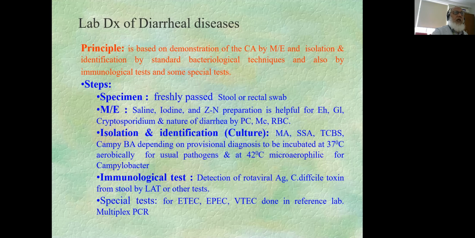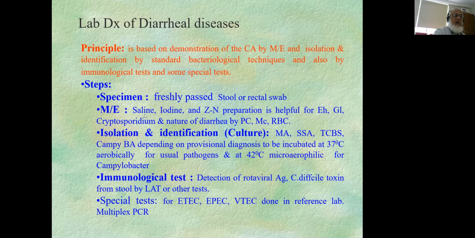There are some other exceptions also, like laboratory diagnosis of diarrheal disease. One can say it is very easy, but it's very tough. It is based on the demonstration of the causative agent by microscopy, isolation and identification by culture, and also by immunological tests and some special tests. We need freshly passed stool or rectal swab.